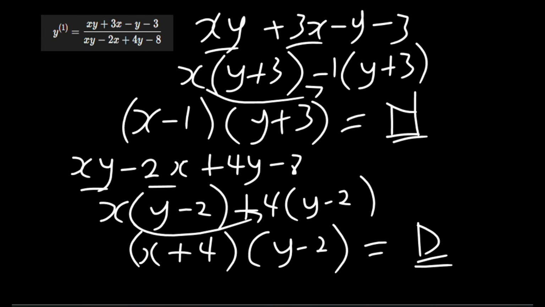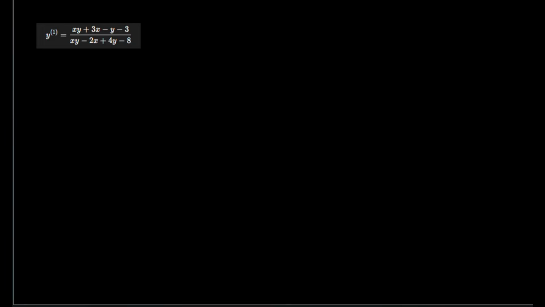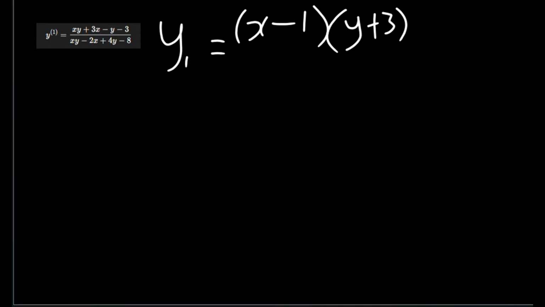Alright, so now we've simplified the numerator, then we've simplified the denominator as well. So let's rewrite it in our next page. So we have y prime is equal to x minus 1 brackets closed and then y plus 3 for the numerator.